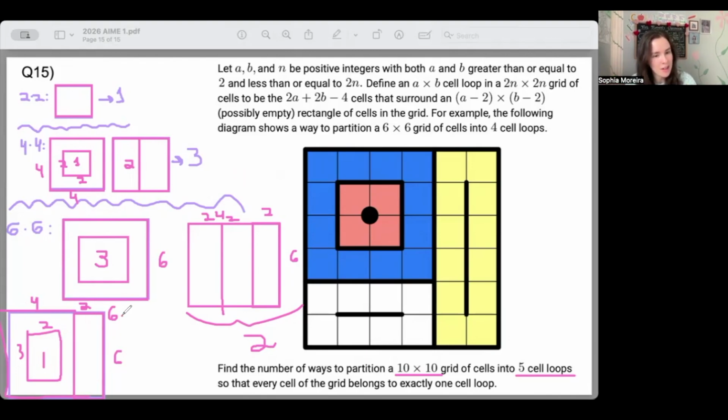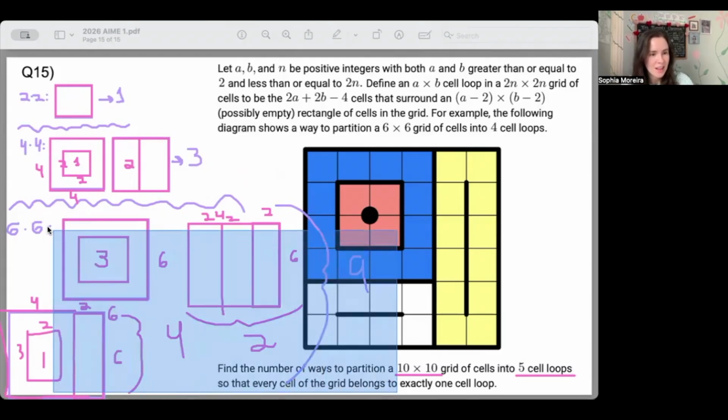Therefore, we are not overcounting by saying, hey, there's four rotations here. Therefore, for this 6 by 6 case, we have three ways to do nested, four ways to do a 4 by 6, two ways to do stripes, 3 plus 4 plus 2, that gives us 9. Therefore, we have 9 different ways we could structure this 6 by 6.